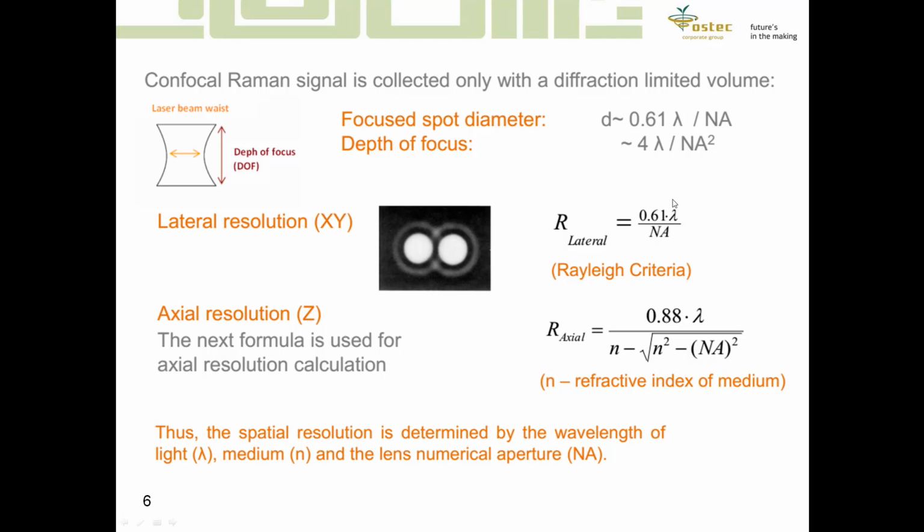It is about 0.6 times wavelength lambda divided by the numerical aperture of the objective, and for Z resolution it's a more complicated ratio, but more or less we can say that it is twice bigger than the lateral resolution for the selected numerical aperture, the selected configuration.